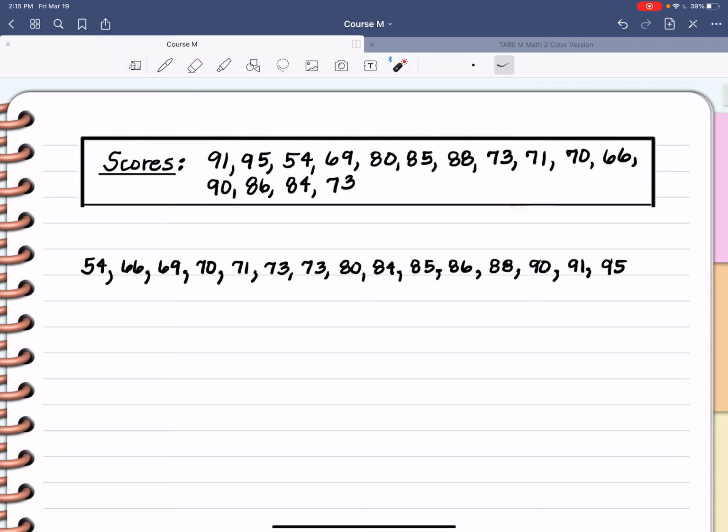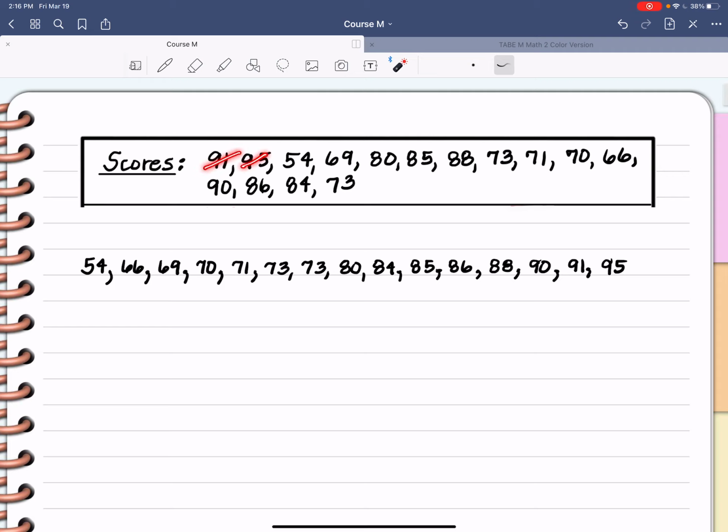So let's see how many students we had. 10, 11, 12, 13, 14, 15. And let me make sure I have 15 down here. 11, 12, 13, 14. I don't. So I'm missing someone. That is very, very important. You have to make sure that you account for everybody.